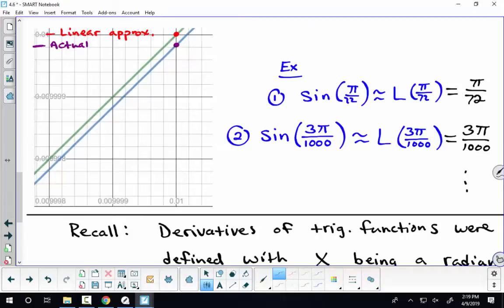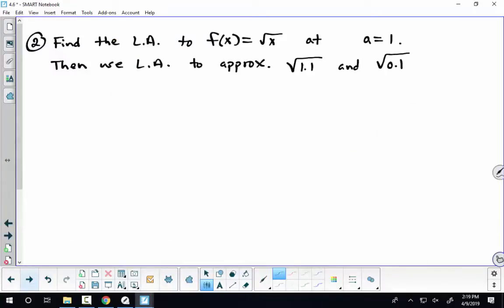Do y'all have any questions? All right, so I want you to try this example. Find the linear approximation to y equals the square root of x at a equals 1.